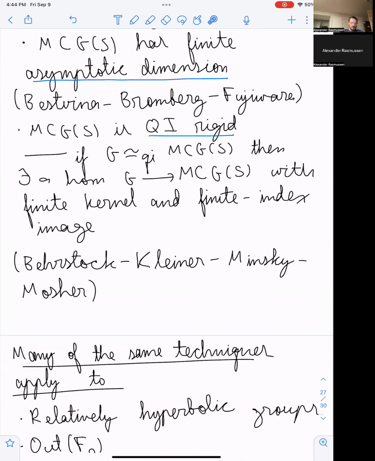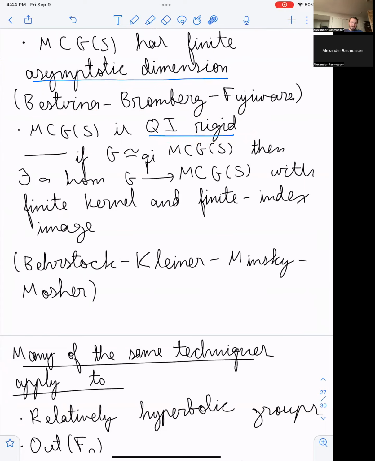And finally, this is maybe one of the crowning jewels about the geometry of mapping class groups. Mapping class groups are quasi-isometrically rigid. This means that the geometry of the mapping class group determines its algebra in some sense.